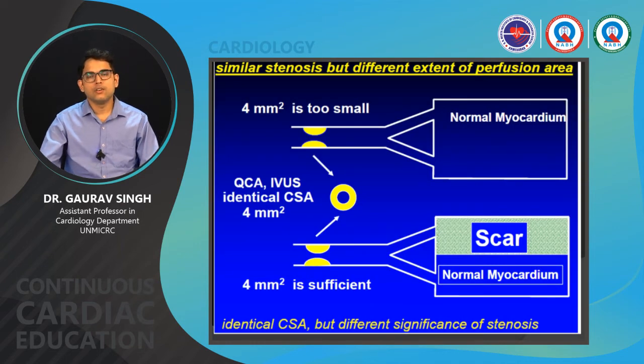So you can see when there is a normal myocardium, 4 mm is not significant because that artery has to supply a larger area of myocardium. And below you can see the same degree of stenosis is sufficient for a damaged myocardium because that artery has to supply less area of myocardium.